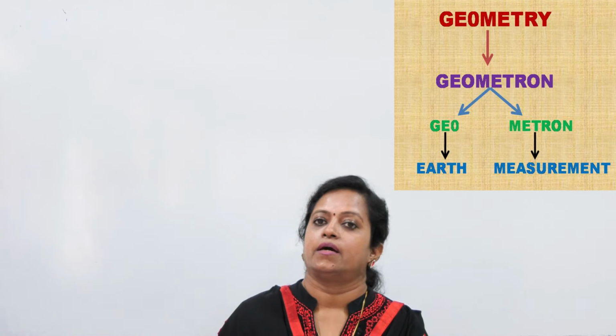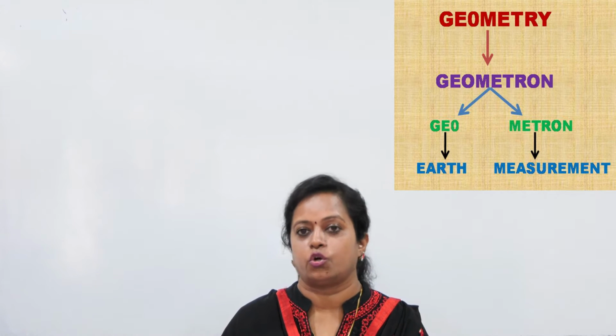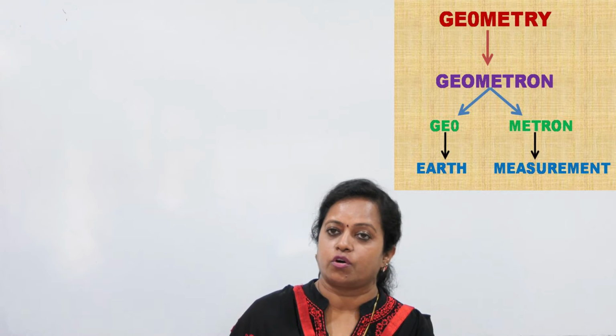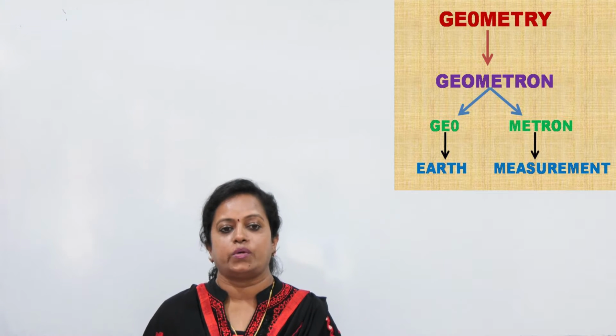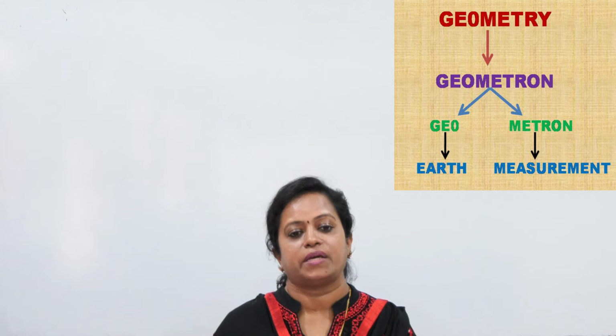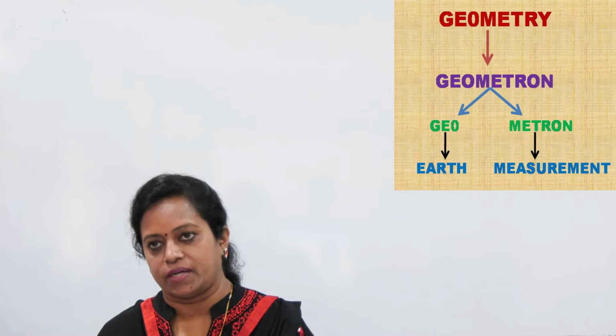Children, let me tell you that geometry is an English word which is derived from a Greek word geometron. Geometron can be again divided into two parts, geo, which means earth, and metron, which means measurement.